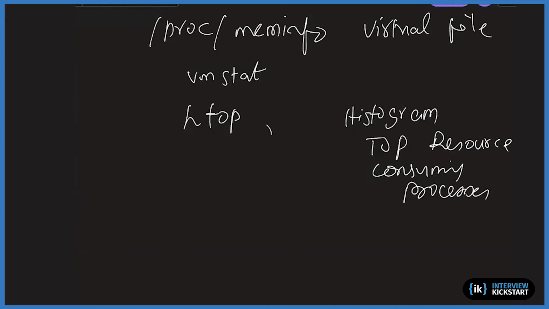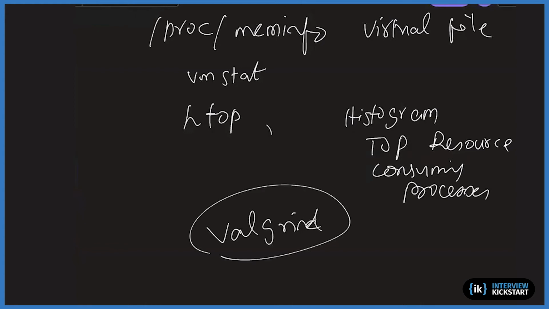Even in Linux, you have tools. I think there's something called Valgrind, but I think this requires instrumentation. If you're not talking about instrumentation, you are left with the kernel logs for any process which is terminated, or you use these commands to monitor before anything got terminated.